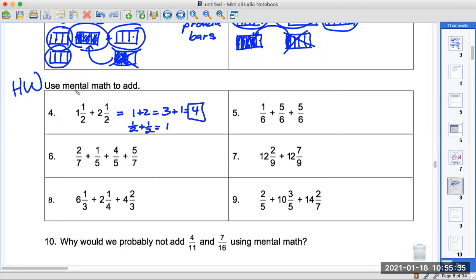But you're not supposed to write all this. You're supposed to do it in your head. No writing. Definitely no calculator.